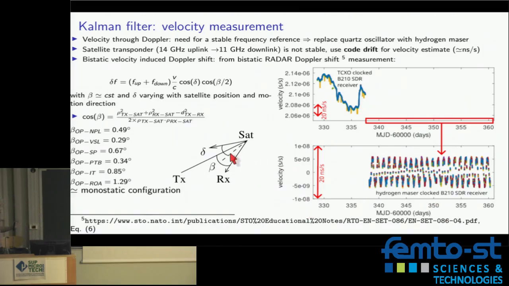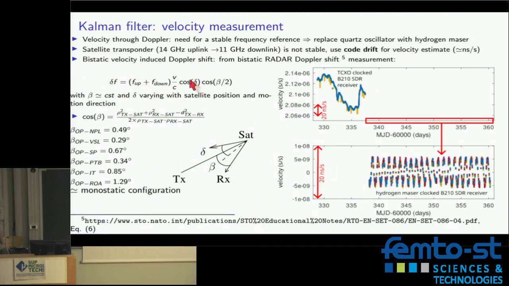And if you look at the classical bistatic radar Doppler shift, in a bistatic radar you've got a transmitter and receiver, which are not located in the same location on the ground. You've got a target, and what is known from bistatic radar is that the Doppler shift is given by the angle beta between transmitter, target, and receiver, with respect to the motion of the target.